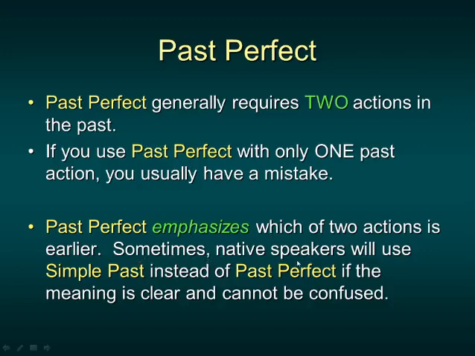Sometimes native speakers will use simple past instead of past perfect if the meaning is clear and cannot be confused. Native speakers have many choices, but the listener should be clear about it.